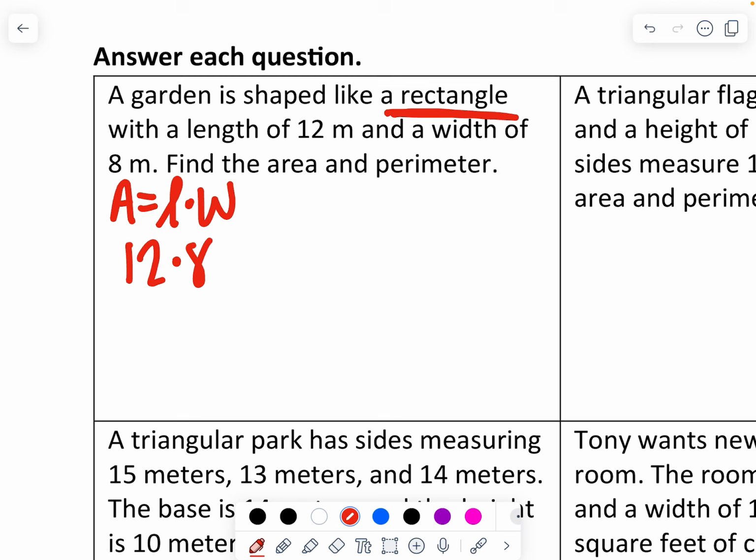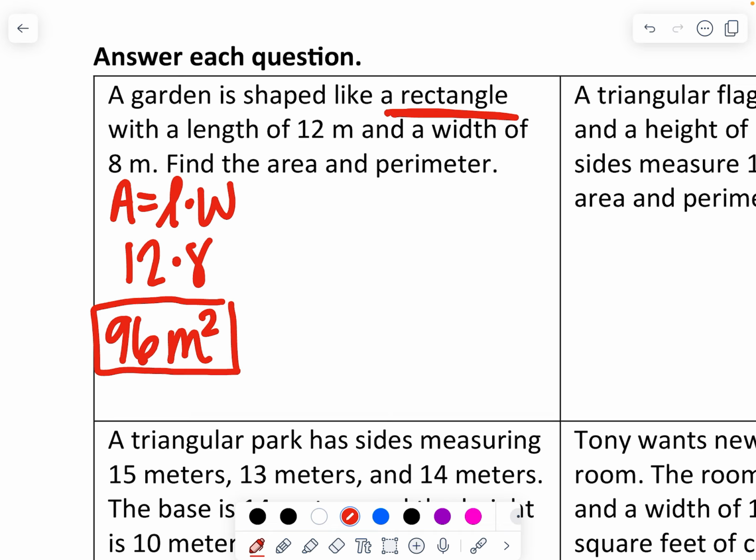And you can use your calculator today. You can use it the entire day, on the notes, on the homework, anything you need to. We multiply 12 times 8, and we get 96. Since it is area, it's going to be meters squared. So for the area, it's 96 meters squared.